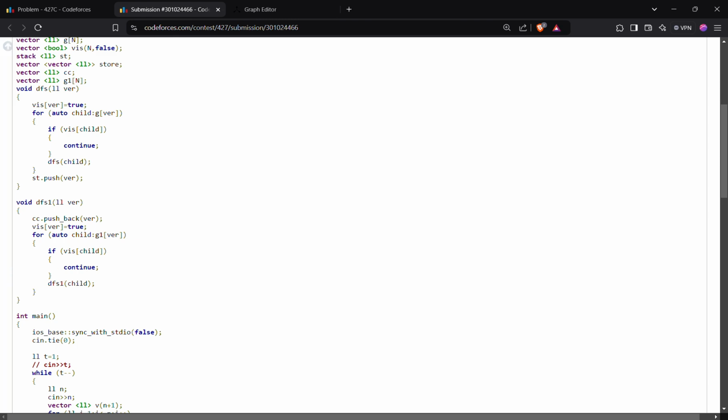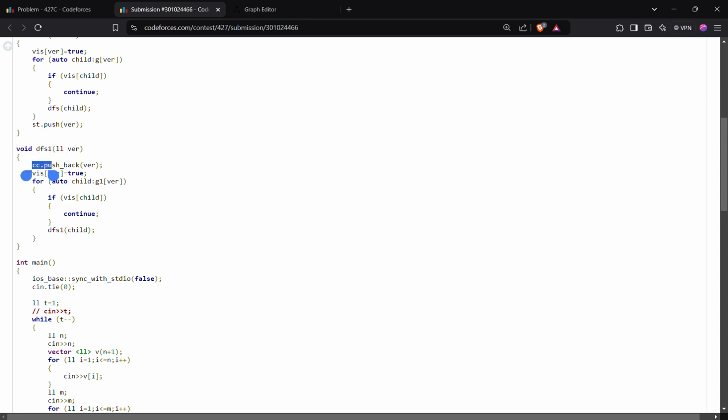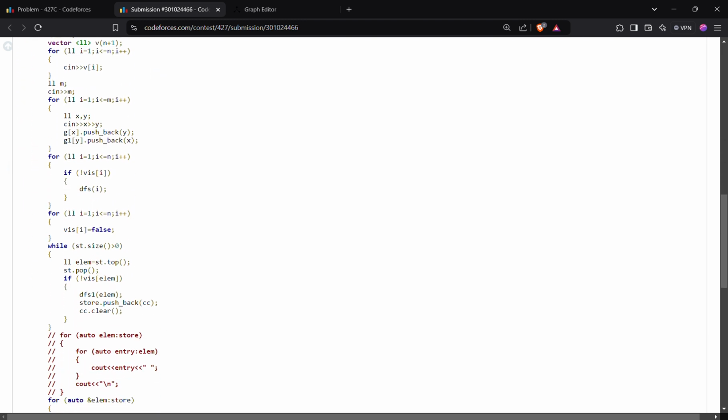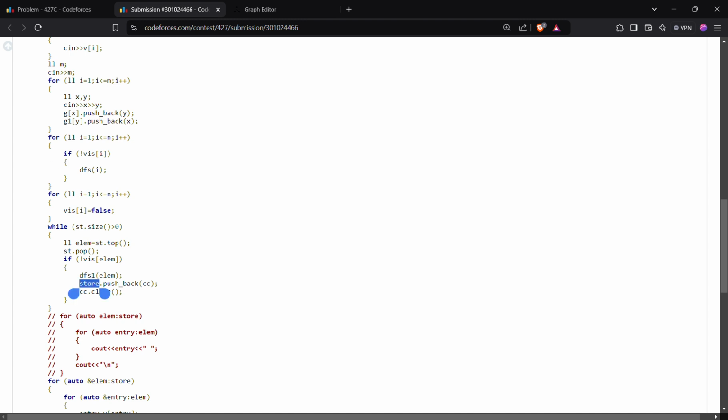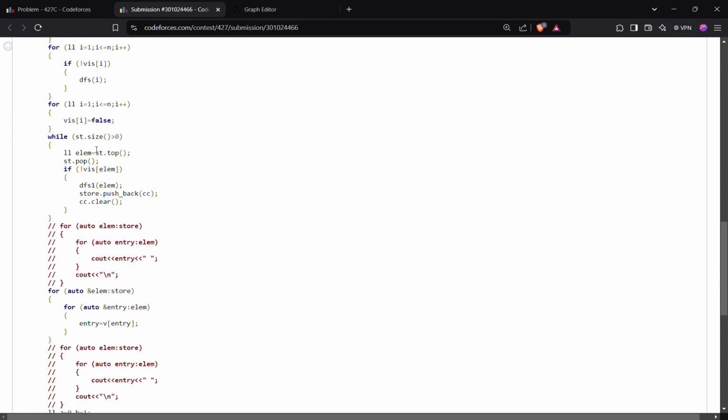While performing this second DFS, I am also collecting the nodes present in that strongly connected component and pushing it to the store. That connected component will be pushed into the store, and I will clear it for further usage. I am declaring it globally, and I am clearing it whenever it is used one time.